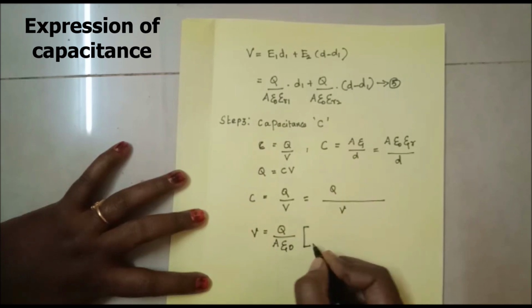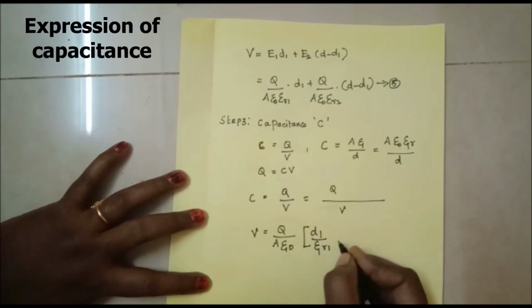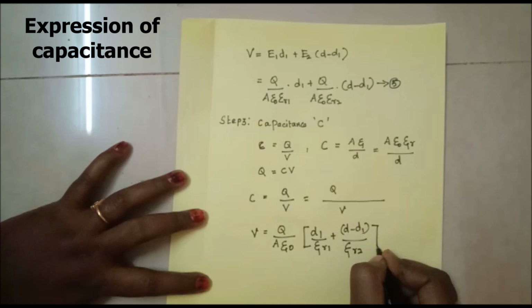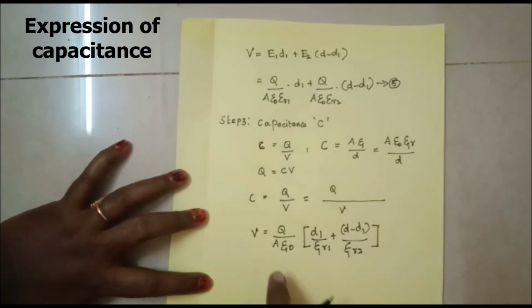The remaining terms will be put into the bracket. So the balance terms are d1 by epsilon r1 plus d minus d1 by epsilon r2. So now we have the reduced form of the expression for V.